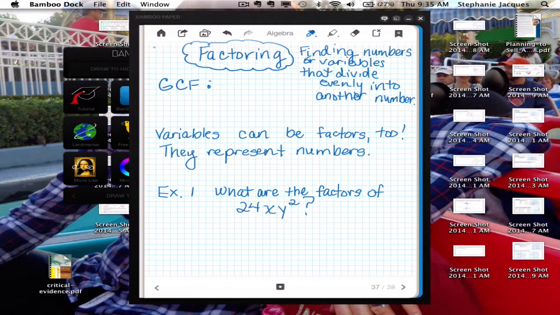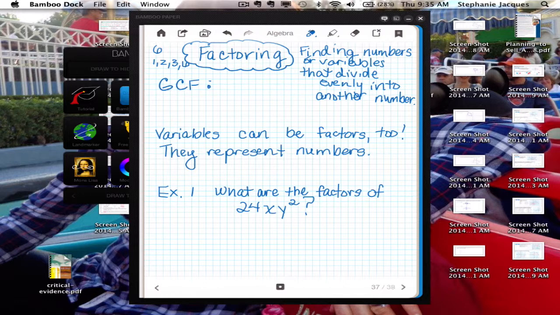So let's say we had the number 6, and you go, the factors of 6 are 1, 2, 3, and 6, numbers that go into 6. The factors of 6 are not 6, 12, 18. Those are multiples of 6. You want the numbers that can go into 6.